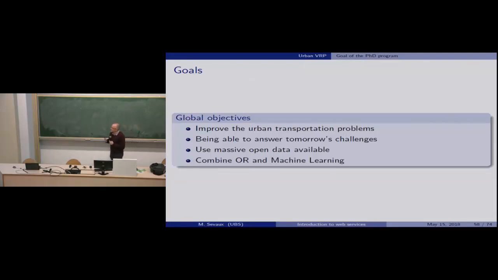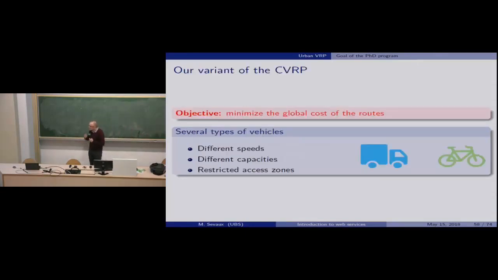Many cities say that they have open data systems, but when you start saying we want to use this data, then they are reluctant to give you access. And we want to combine operational research and machine learning. So we are going to face a large amount of data. We need to handle this data and, of course, solve the optimization problem behind. So this is one of the goals of this PhD program.